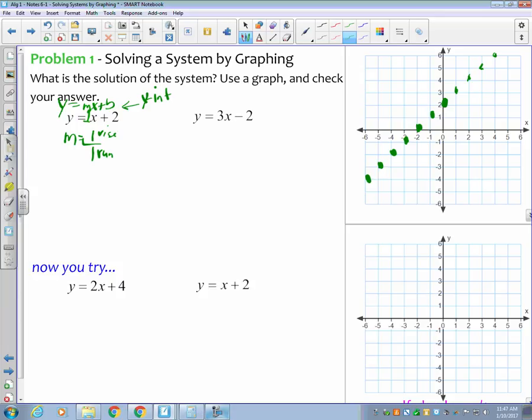If you get off kilter in your graphing and you're using your graph to solve, you will not get the right answer. So make your graph as accurate as possible. So using a straight edge, and the foldable that we have out on our desk is considered a straight edge. Draw a straight line through these points.